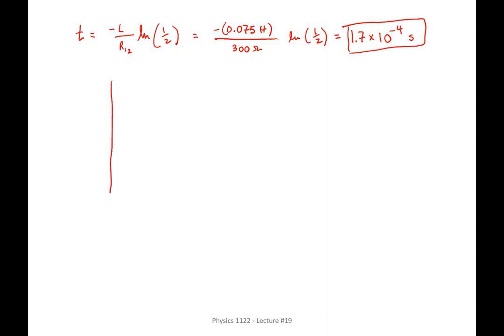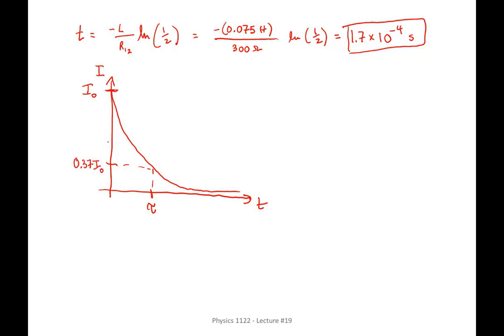And so graphically, this is the current flowing in our circuit, and we've shut the circuit off, so it starts at its maximum value of I naught and is falling off exponentially towards 0. And after one time constant, we know the current will have fallen to 37% of its maximum.